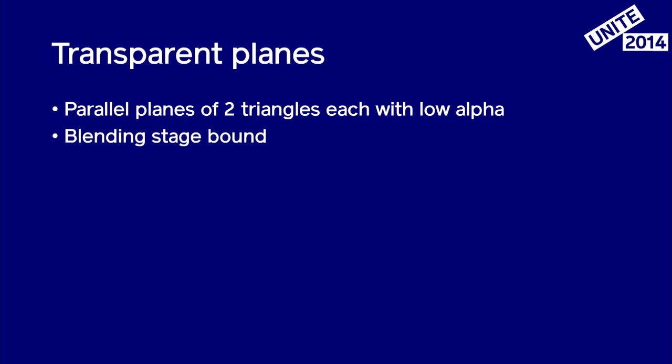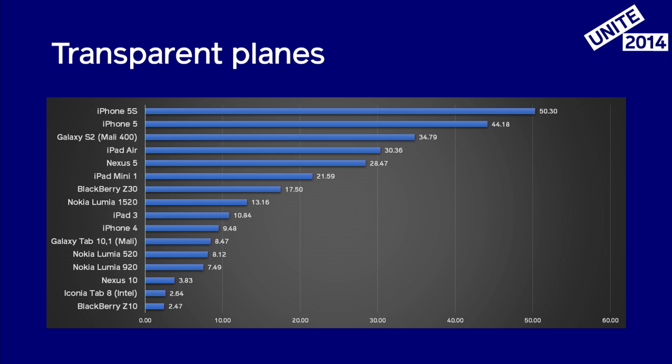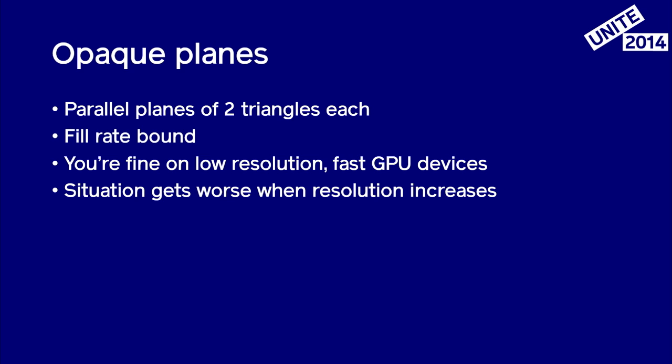They're mostly blending stage bound. That means after the pixel shader, it has to merge the pixel with the one that is behind it. And that operation is very, very expensive on today's mobile devices. You can't afford many of those planes at all, filling the whole screen. So you have to be careful where you use them.